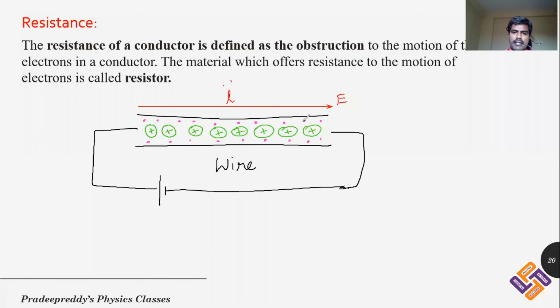Now let me consider an electron which is moving in the opposite direction to that of the electric field. All these electrons, each and every electron will definitely be moving because of this external field. As these electrons move, as they are being drifted by the electric field, in their path they collide with ions.